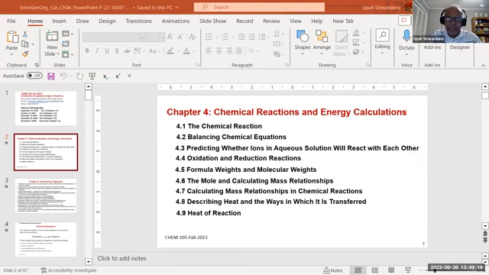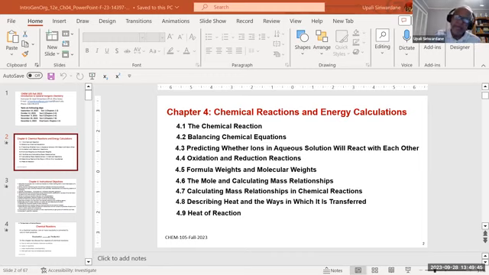We've gone over 3 chapters. Most of the fundamentals that we need to describe chemical reactions are discussed in previous chapters. This chapter will allow us to learn more about chemical reactions.